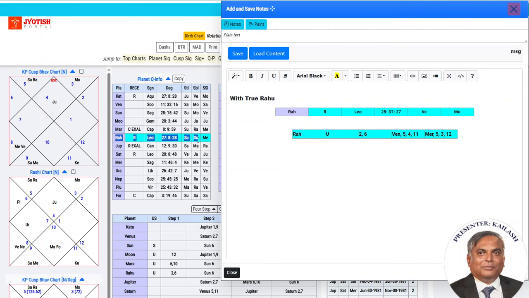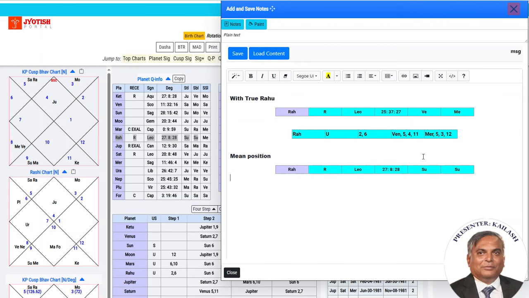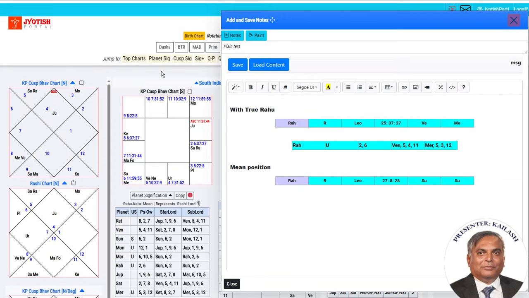I'm going to take only up to sublord. Mean position. And let's look at the signification of, this is the mean position.